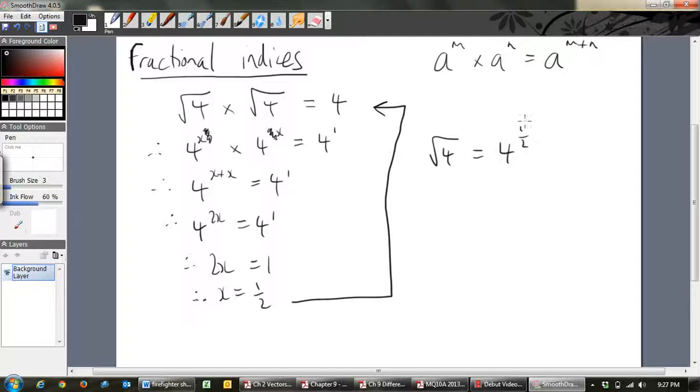If you raise something to the power of half, that means it's the square root. And you could also show that the cube root of something, cube root of 27, means 27 to the 1/3. The quartic root of a number is equal to 64. Sorry, I said quartic but wrote 3. Quartic is 4.